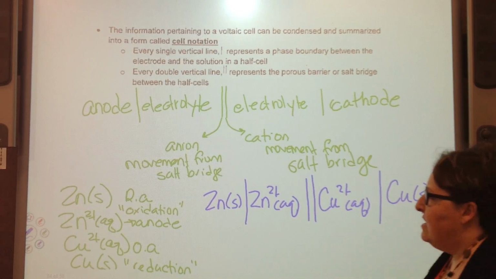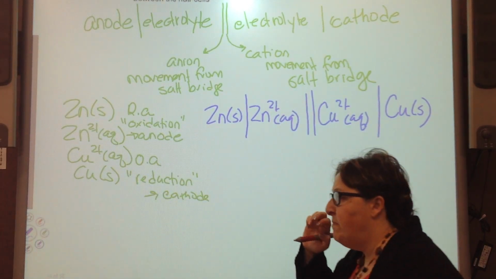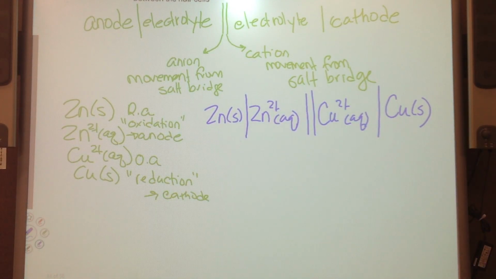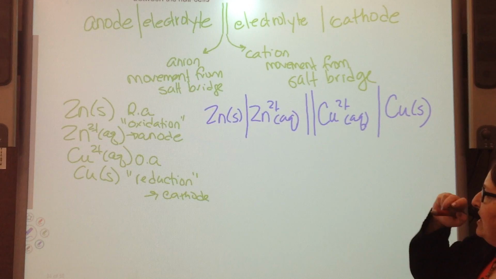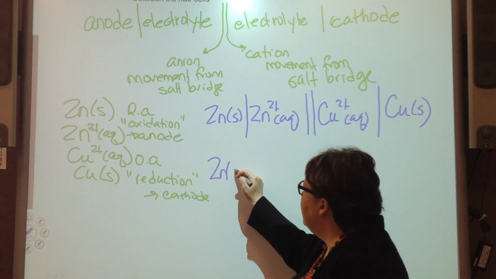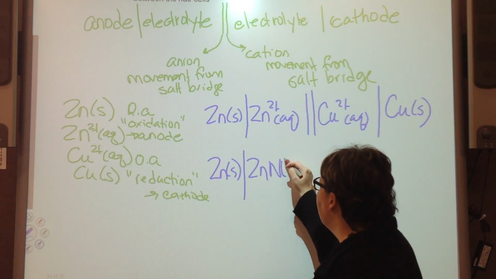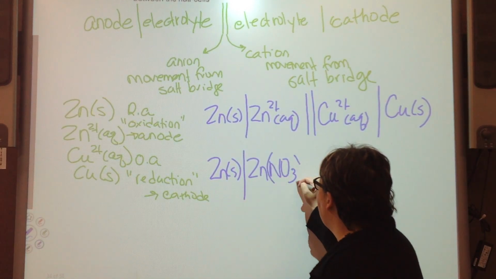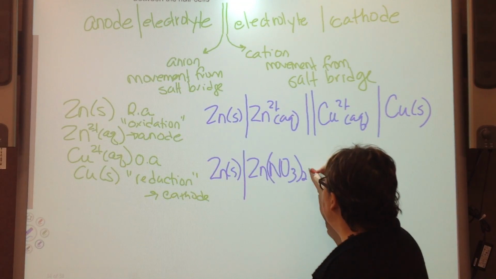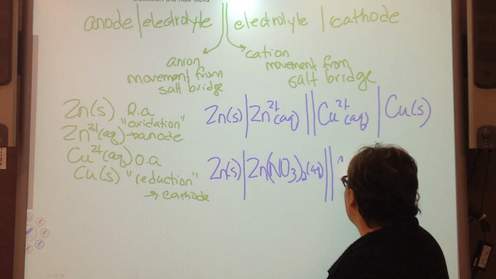Now, you could also see it written with the spectator ions that they chose for their solution. In this particular example, we would write this: zinc solid, whatever solution we chose to use, we said nitrate.